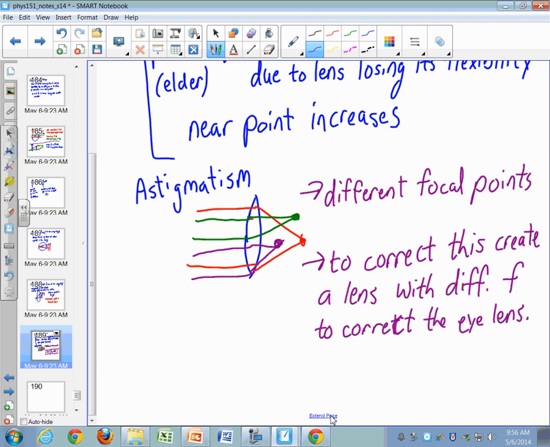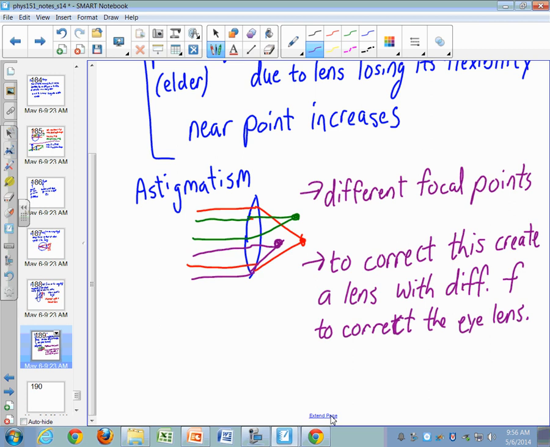So those last few sections, anybody have their book readily available? Can I see it? Thank you, Reagan. Those last few little things, the other methods of vision correction and other problems, you won't see any of that on the test.